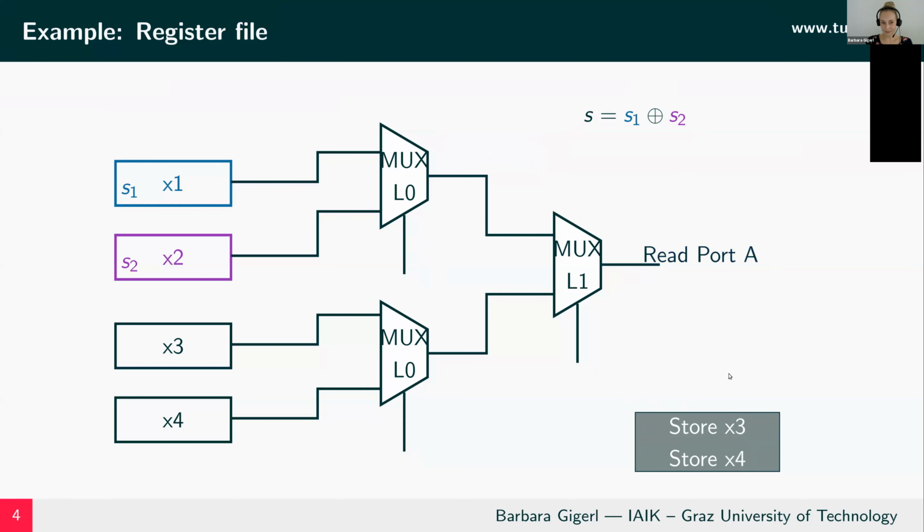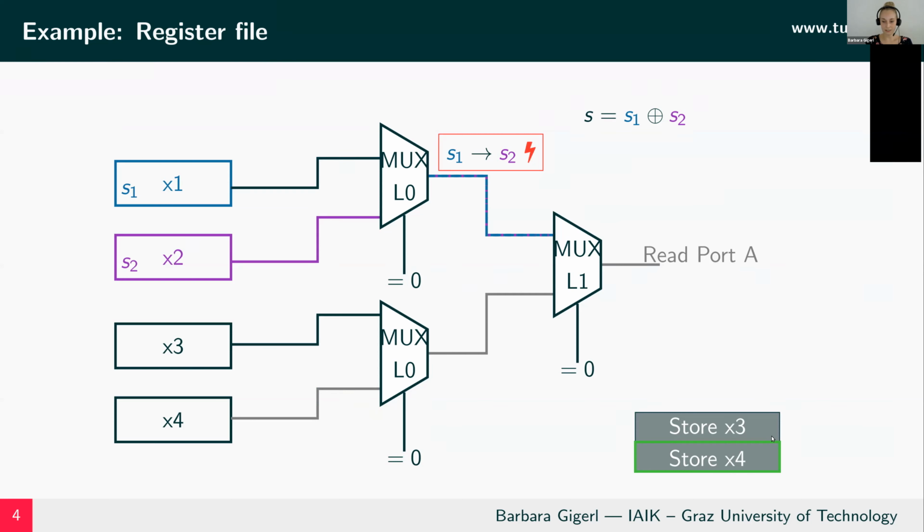Again, this multiplexer switches from 1 to 0, which is why we now have a transition from the first share to the second on this wire. And this means we have a leak in our program, even though we do not touch any of the shares.